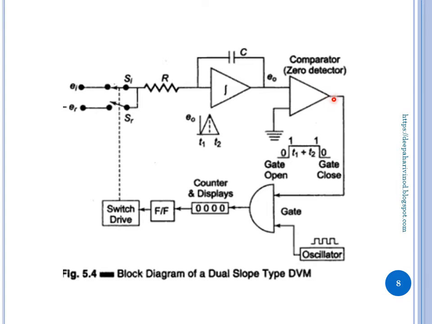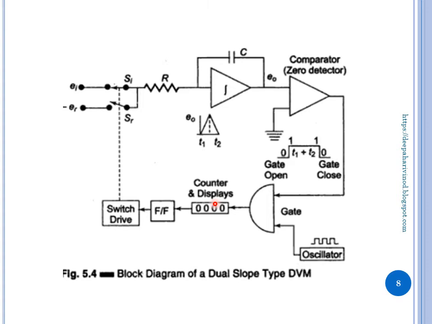When the comparator changes state, that output is given to the input of the AND gate. Another input of the AND gate is the oscillator clock. So when this is high, the gate opens so that the oscillator clock is fed to the counter.